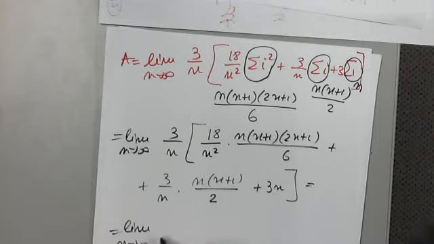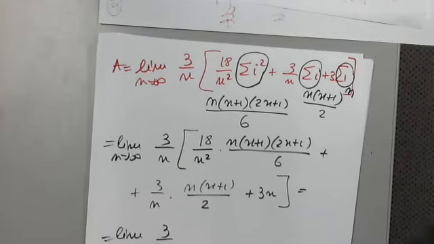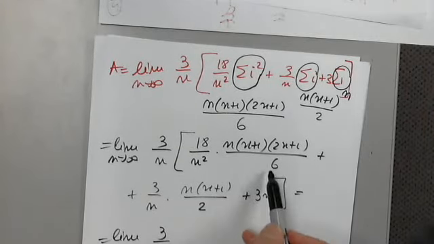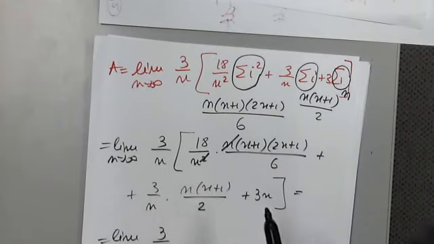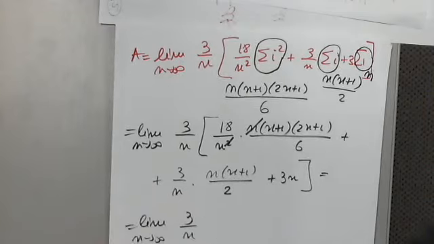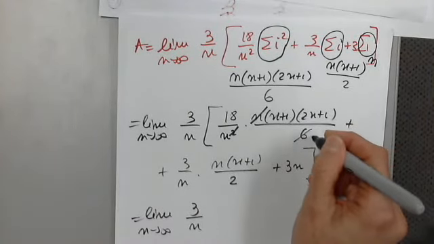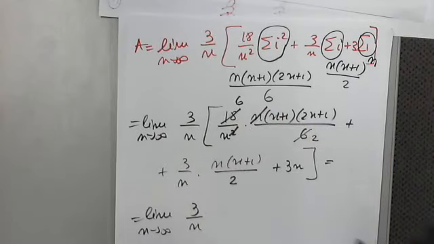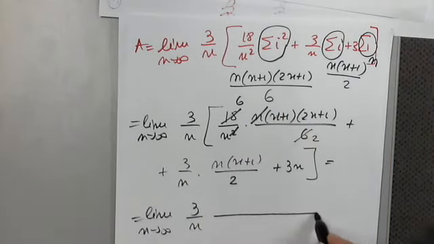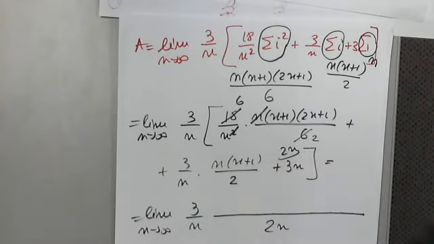Limit as n approaches infinity, 3 over n. And now let's see. If I simplify, I have to simplify an n for sure. But if I simplify 6, then I will still have a 2 in here. So the least common denominator, I will only simplify by 3. And the least common denominator stays as 2n. And only this one needs a 2n.